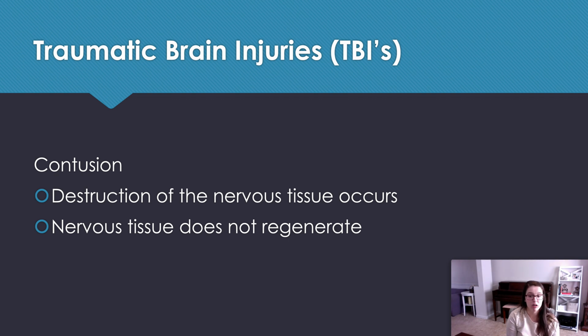Essentially, you're born with all of the neurons that you're going to have. This is why stem cell research is so big, because they're trying to see if there is potential to have regeneration of nervous tissues, because as of right now, our regeneration of nervous damage is very minimal.